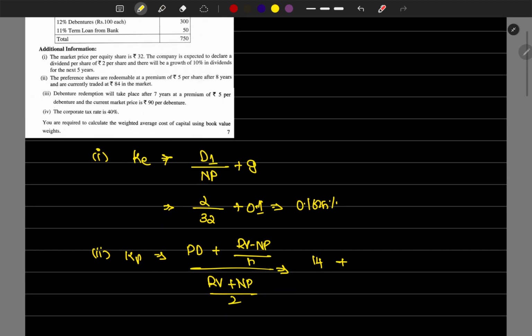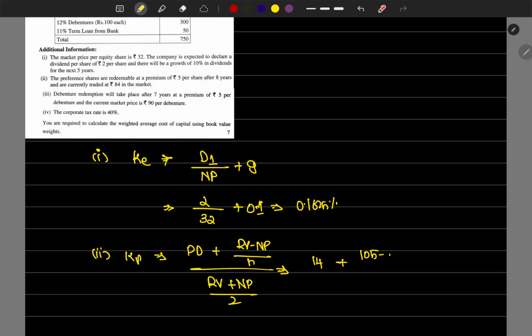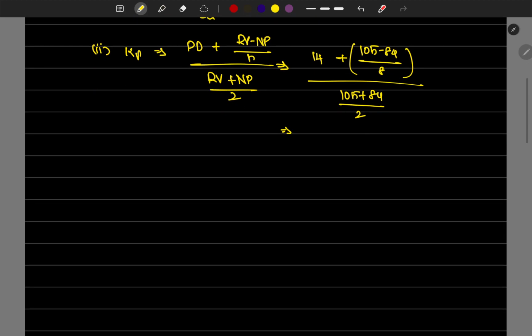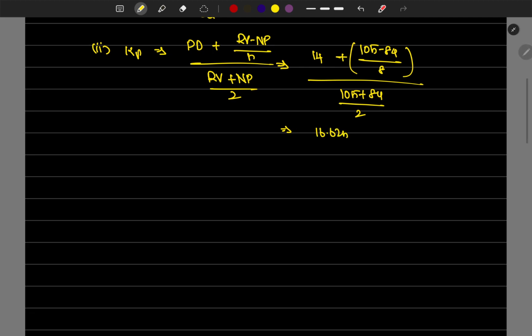The redemption value is 105, the net proceeds is 84, and the number of years is 8. So 105 minus 84 divided by 8 gives 2.625, making 16.625, divided by (105 plus 84) divided by 2, which is 94.5.